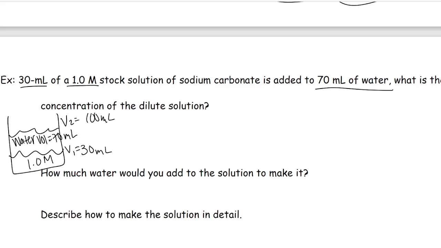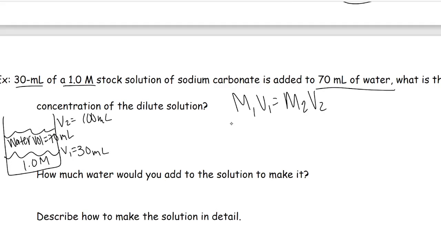So then I would solve this with our M1V1 equals M2V2 equation. My M1 is 1.0 molar. My V1 is 30 milliliters. My M2 is what I'm solving for, and my V2 is 100 milliliters. That 100 comes from the way this is worded: it says 70 milliliters, but that isn't my second volume.